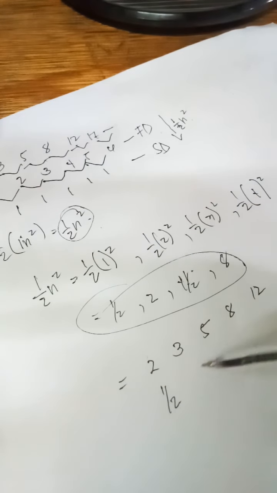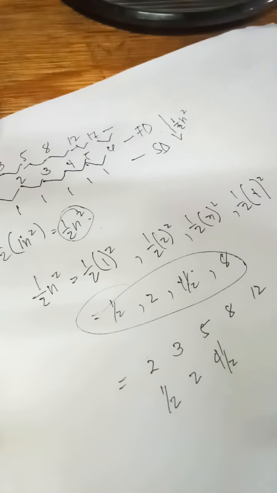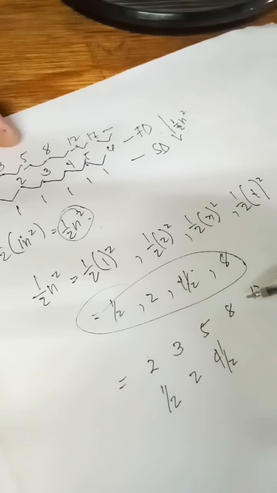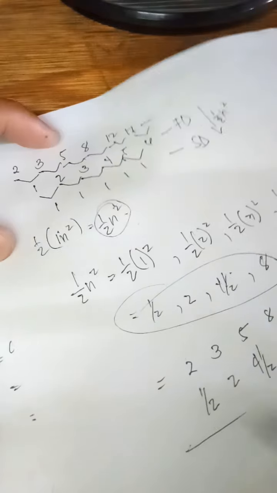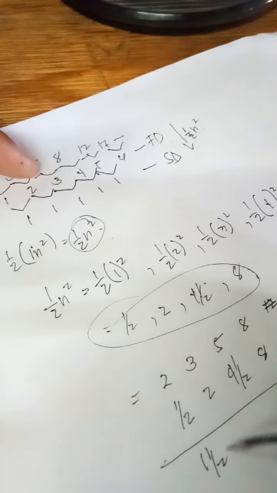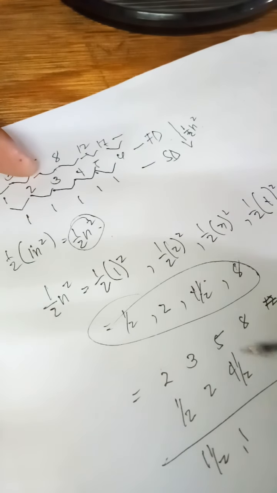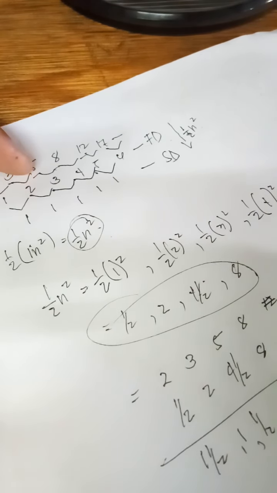You have 1/2, 2, 4 and 1/2, then 8, and so on and so forth. So isa-subtract lang natin. So we have 2 minus 1 half, so we have 1 and 1 half. 3 minus 2, that is 1. And 5 minus 4.5, that is 1 half. 8 minus 8, that is 0.